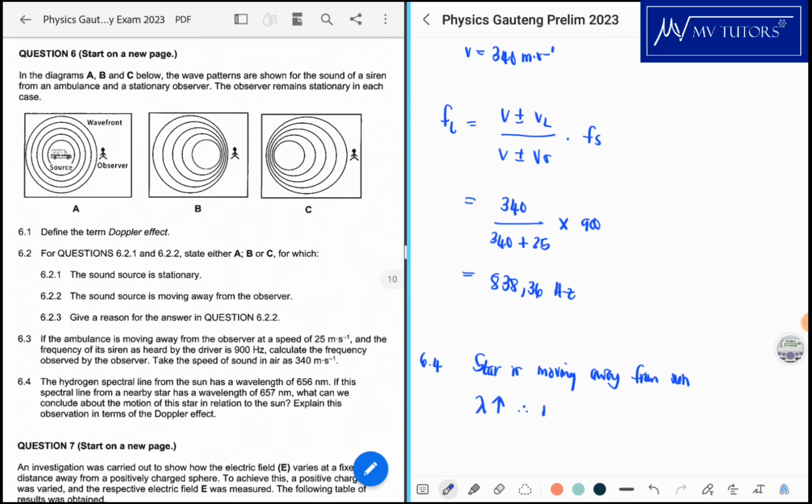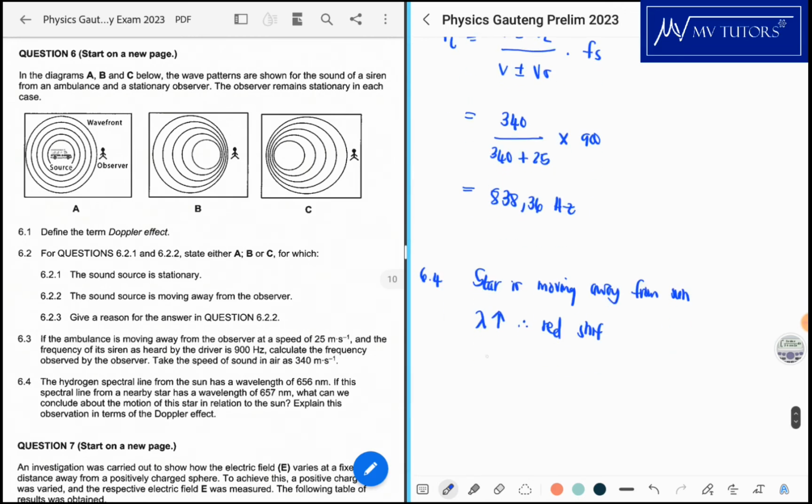So therefore we have a red shift. The wavelength that we have is red shifted. And we can then say that the observed wavelength of the spectral lines of the hydrogen atom from the nearby star is longer, which is what we were basically saying here. The wavelength is longer.